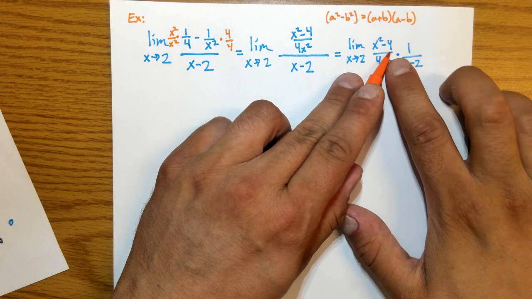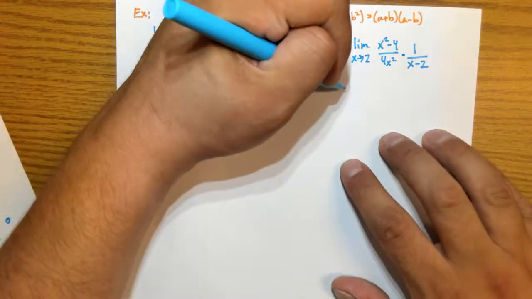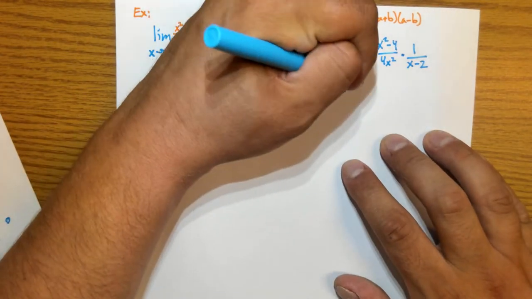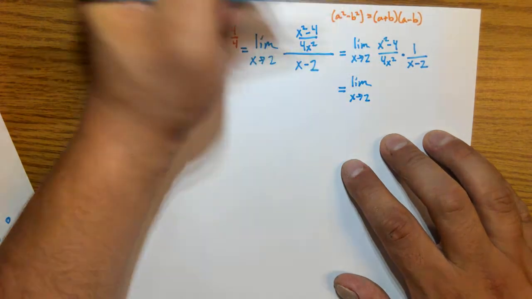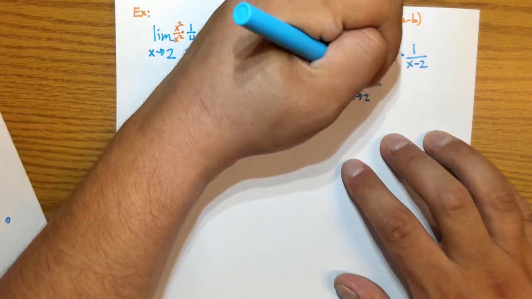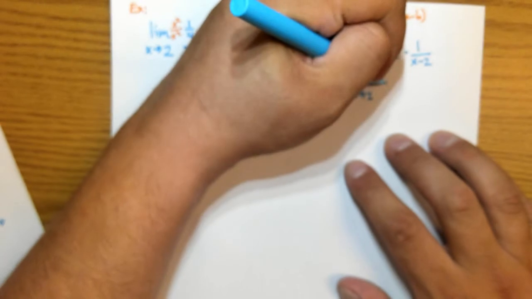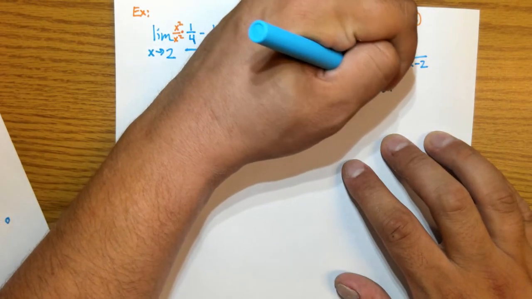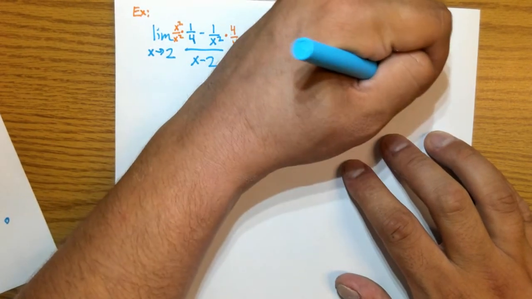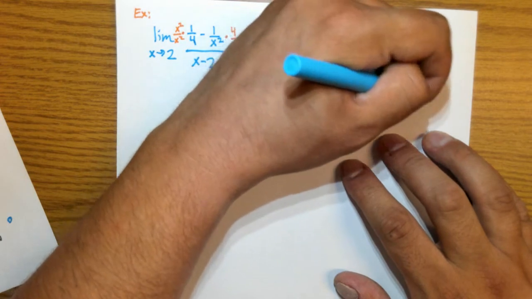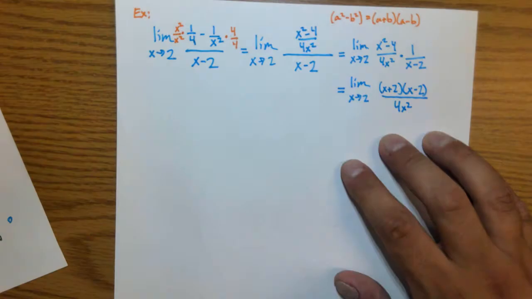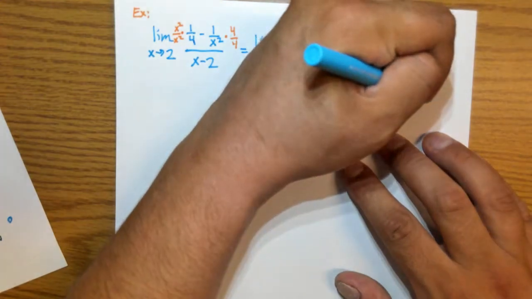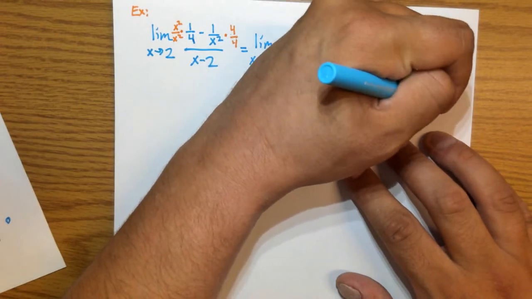The square root of 4 is 2. So we can rewrite this thing as the limit as x approaches 2 of this. This will turn into x plus 2 times x minus 2 over 4x squared times 1 over x minus 2.